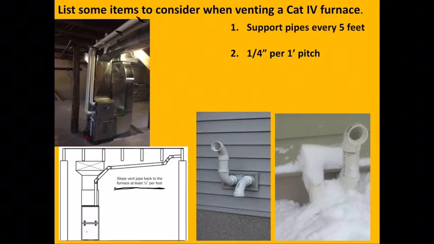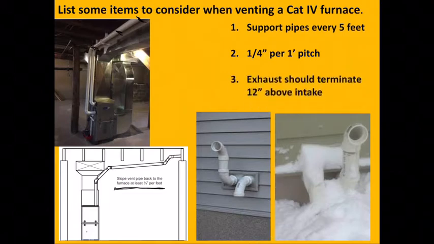If you cheat a little and don't pitch it enough, you can really run into problems with moisture not draining back to the furnace and hanging in the pipe. It will stay in there until the venter fan stops, and then you could get an excessive rush of moisture, creating a problem for that inducer assembly.